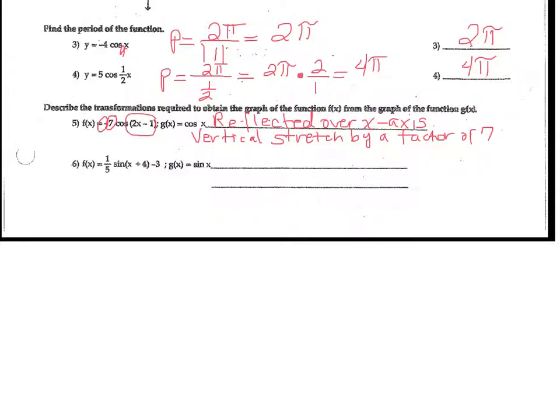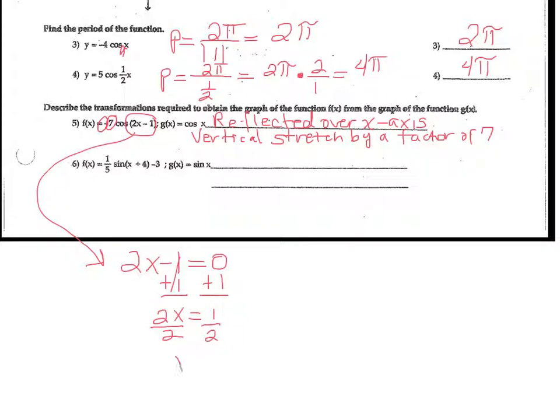Now, from the inside of the parentheses, I'm going to work it out over here. See, here you have 2x minus 1. So, when you solve for x, you're going to have a 1 moving over to the right, and then divided by 2. So this is 1/2. So this is a horizontal shift 1/2 right.